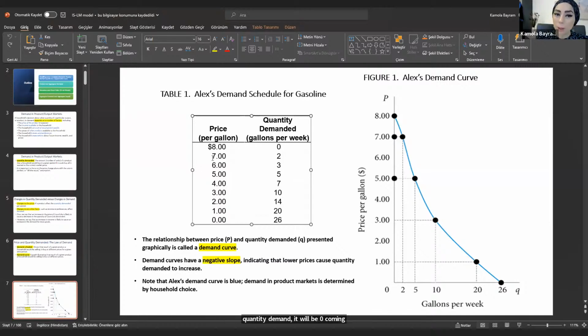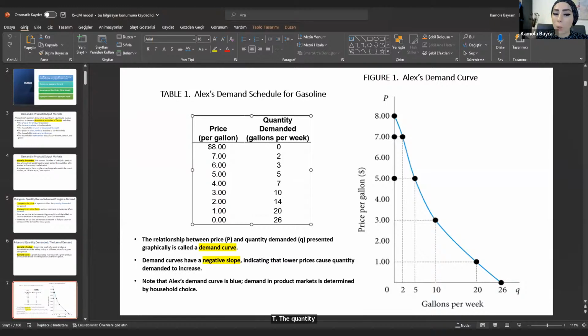Coming to the next part, once the price is dropping, the good is becoming more affordable for Alex. When the price of gasoline decreases to 7 USD, he will start to consume 2 gallons per week. And you can see here, right, when the price is 7 USD, the quantity consumed is 2 gallons.